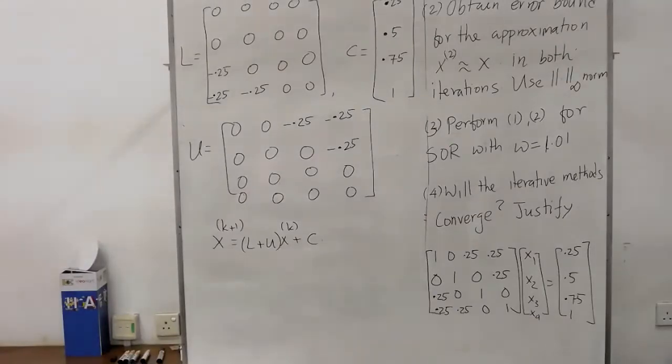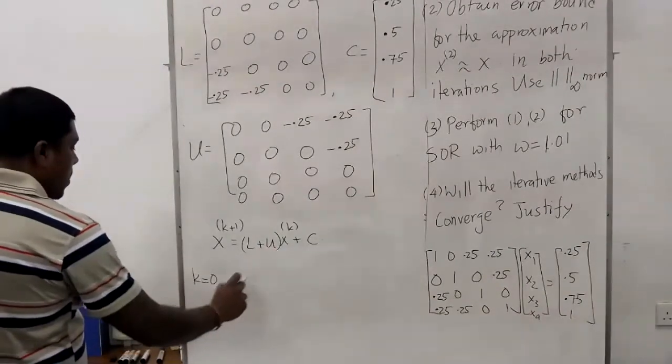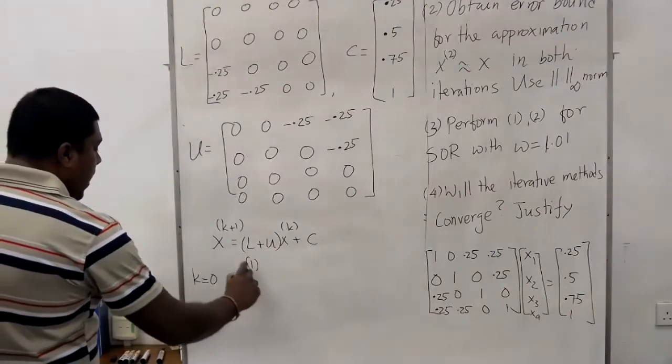So you apply this with x naught. When you put k equal to 0, you will get x1.